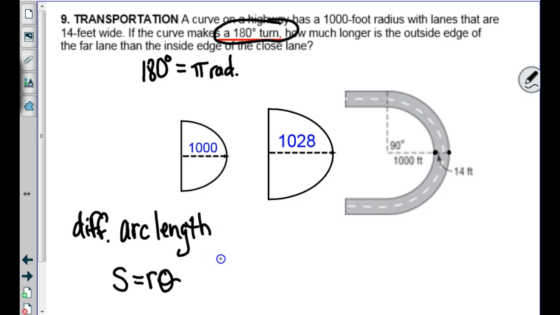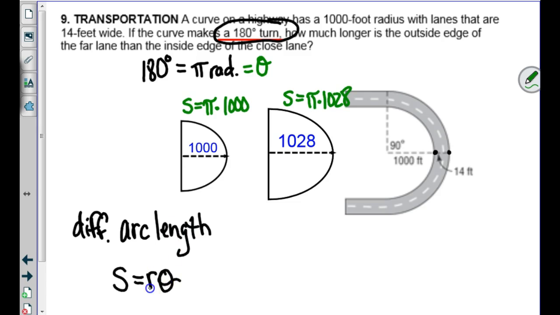So the arc length on this picture is S equals pi times, that's because pi is theta, the radius of 1,000. And the arc length on this one would be what then? Pi, which is the theta, times the radius of 1028.